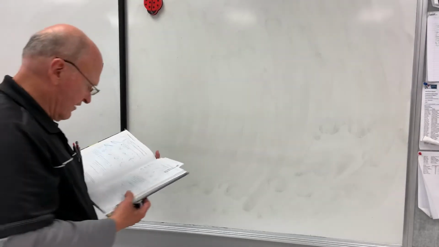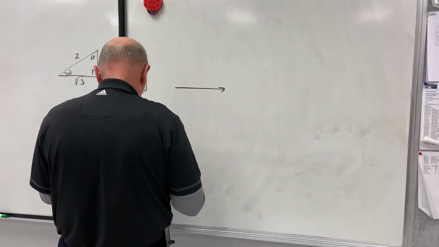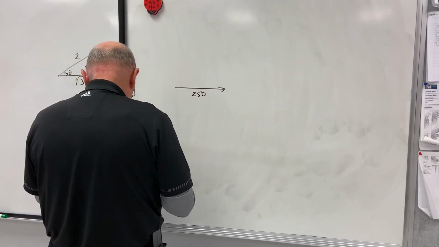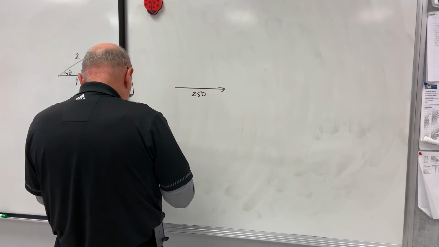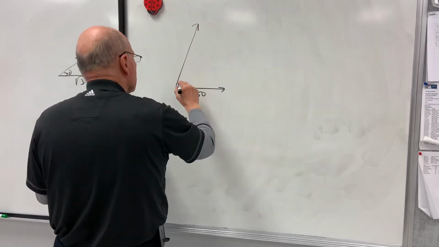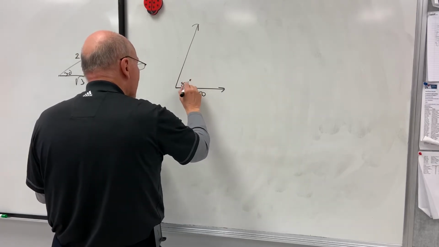It says we have a force of 250, which we'll represent with a vector, and a force of 450 with an angle in between of 85. So this angle is 85 degrees. I can write 85.